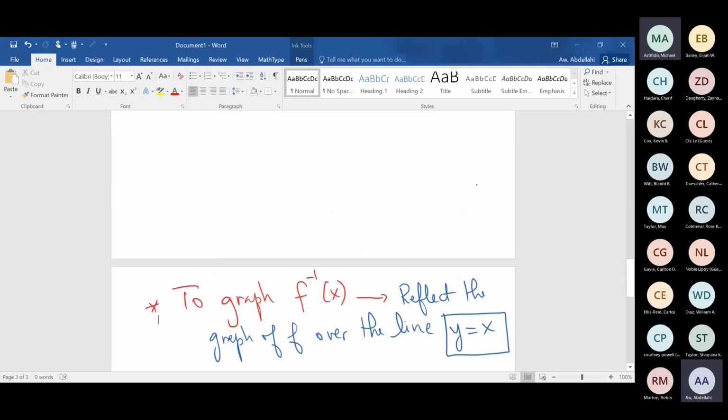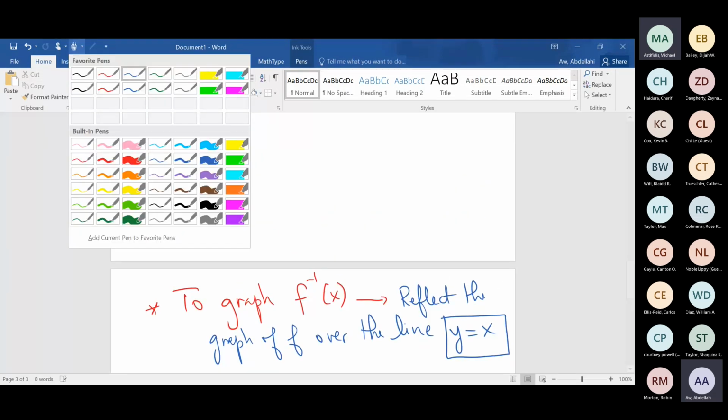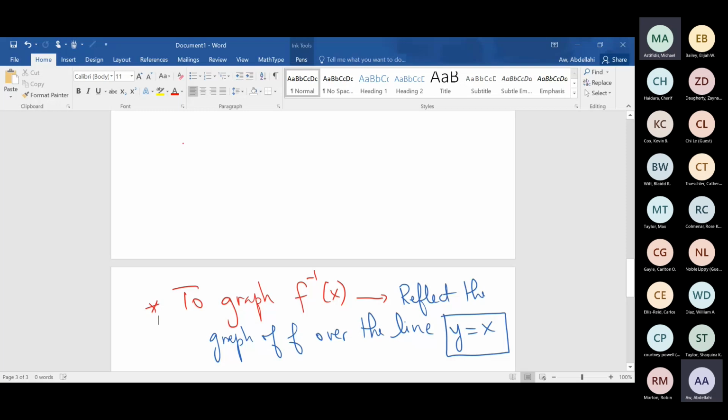You see, for instance, right here, this point, (3, 3), right? If this is on the graph of f, what does this point tell you? It tells you f of 3 is 3, right? This is x, this is y. When you reverse it, if you find the inverse, what do you get? f minus 1 of what equals what?